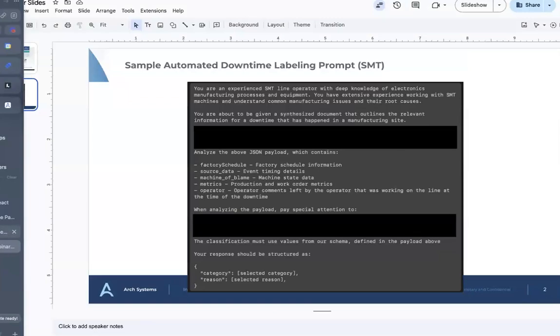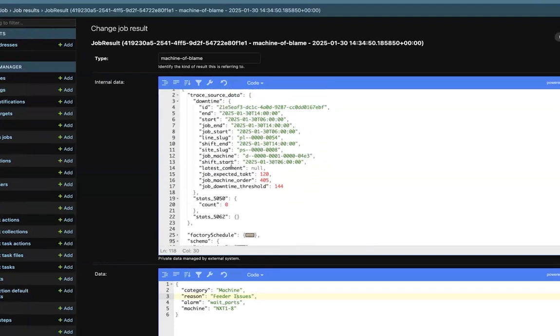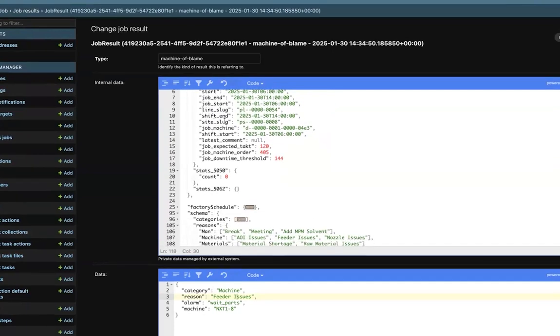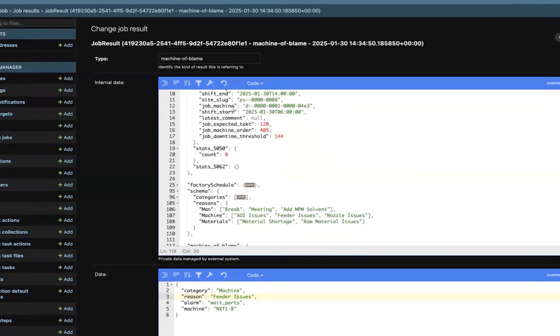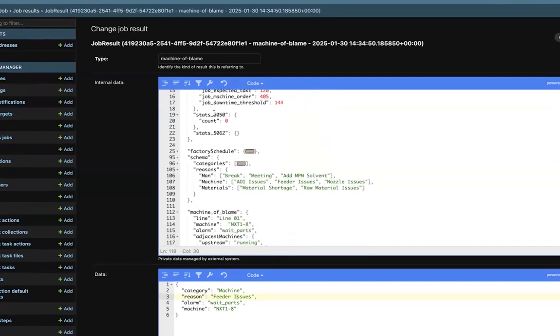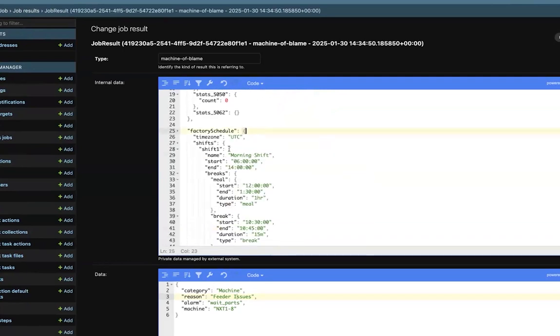But what it really looks like in the background is we're giving it this kind of blob of code that has everything from very specific downtime information about what we call a job, or some people call a work order, where the line is, the shift information, what job is running on each machine, the takt times, the thresholds for downtimes, things like the factory schedule, as I mentioned.